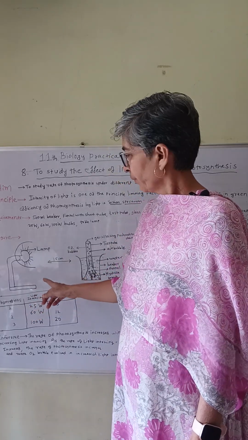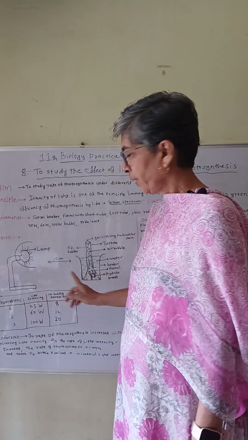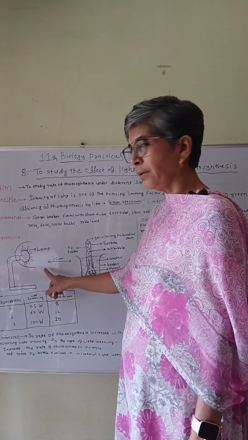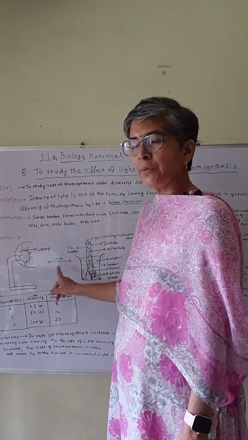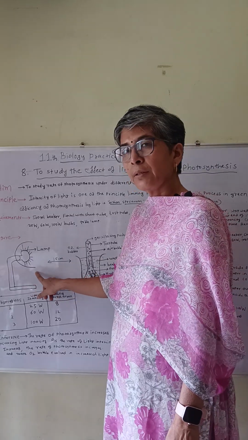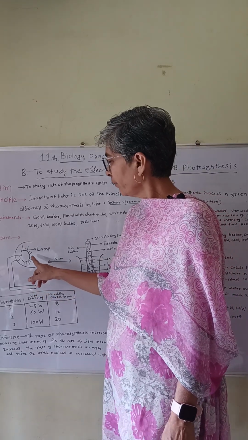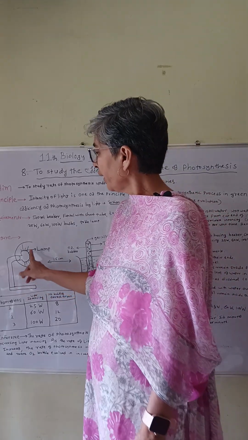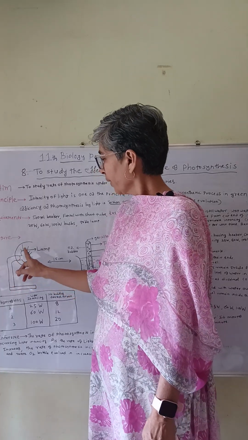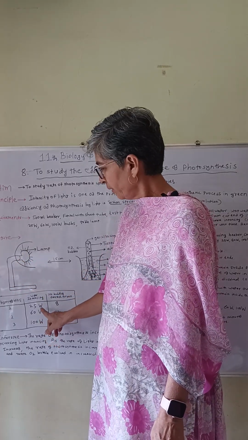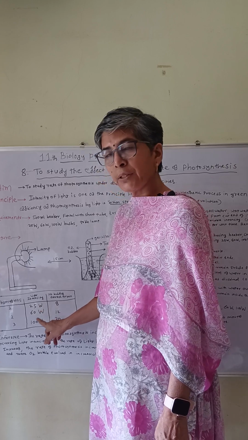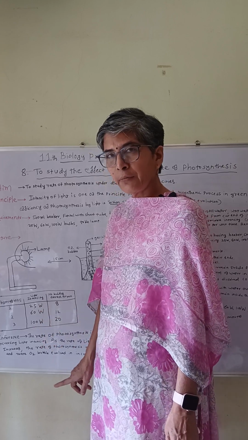See here, this is the table lamp and the second apparatus is kept some distance away from it. We have to change the electric bulbs by different intensity, 25 watt, 60 watt and 100 watt.